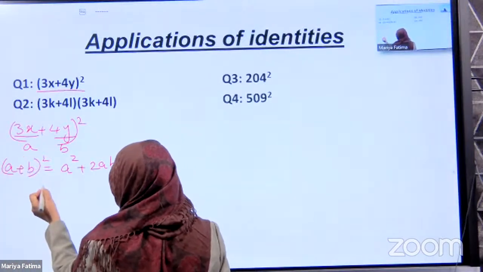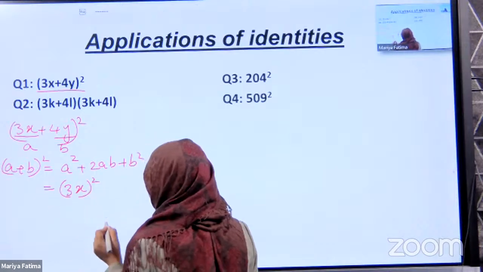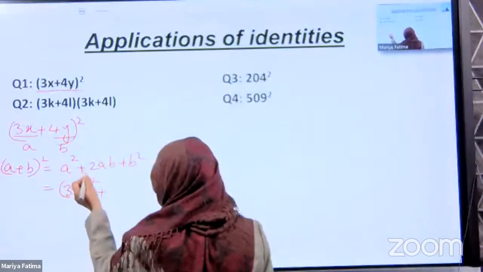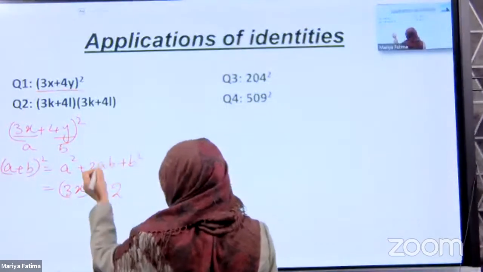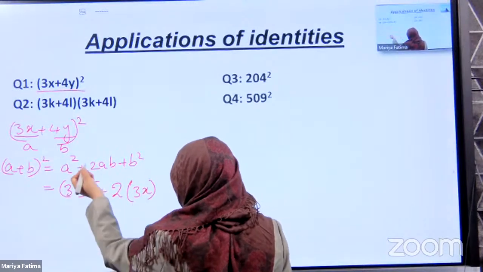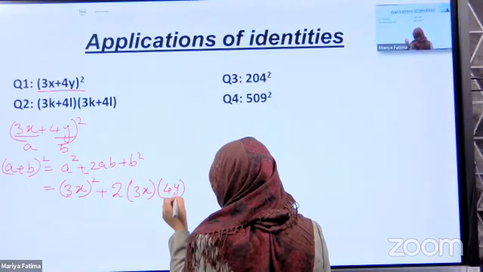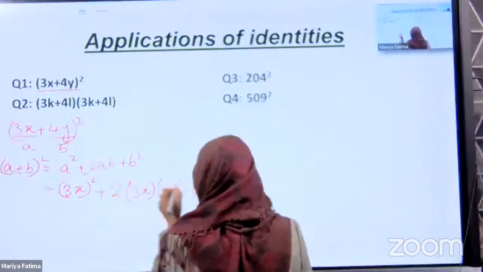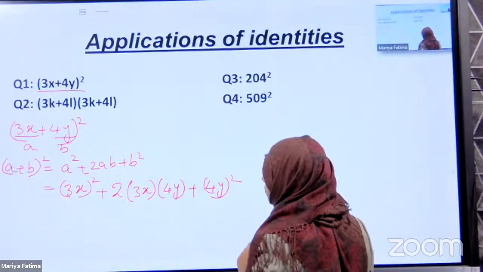Here A value is 3x whole square, plus this plus will come here, now after plus 2 is there. Now what is the value of A? A value is 3x, into what is the value of B? It is 4y, plus what is the B value, 4y whole square.